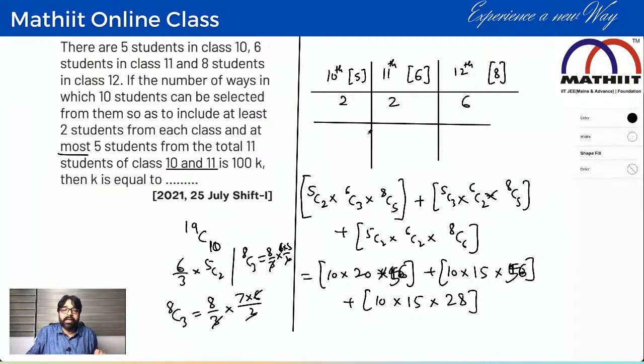What other possibility? 3 here, 2 here, 5 here. Other possibility, 4 here, 2 here. So this will become 6, but I want to move a maximum of 4. So other possibility: here 3 and here 2, and then it will be 5. No other possibility. And just put the values. That's all.